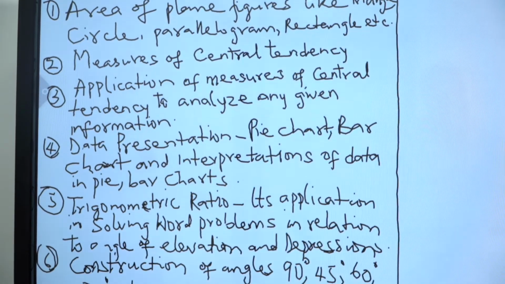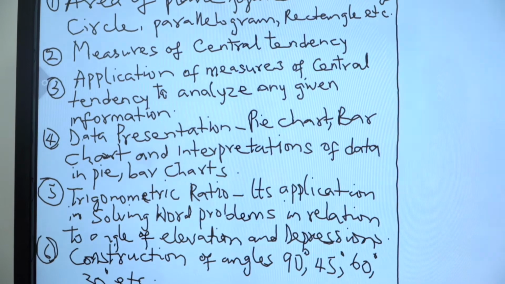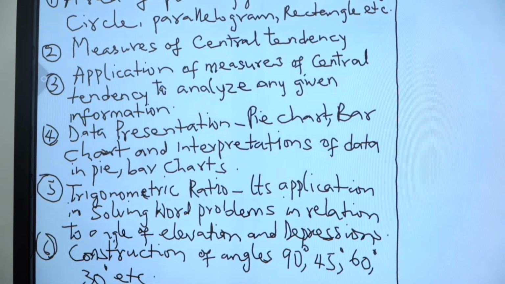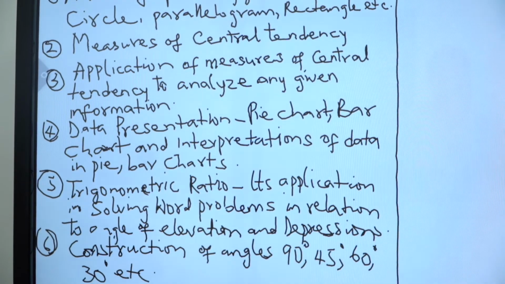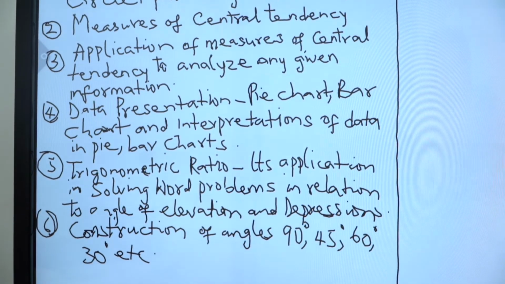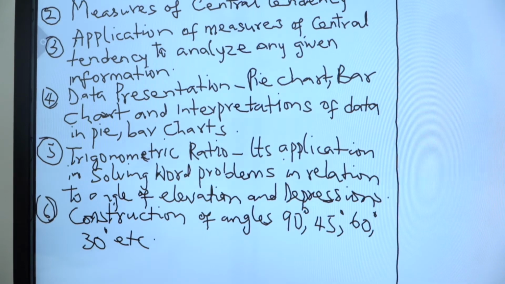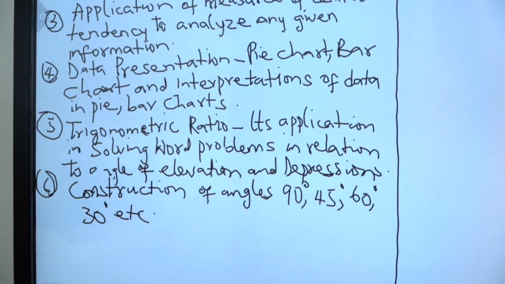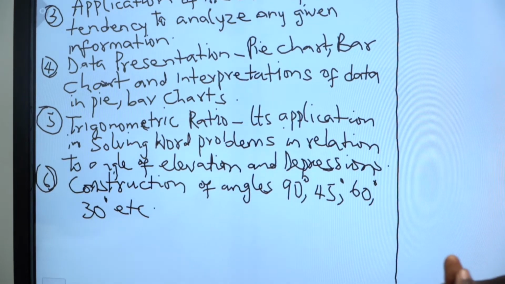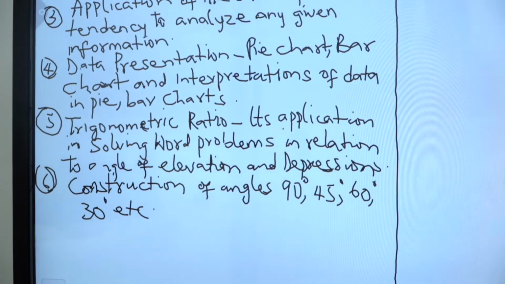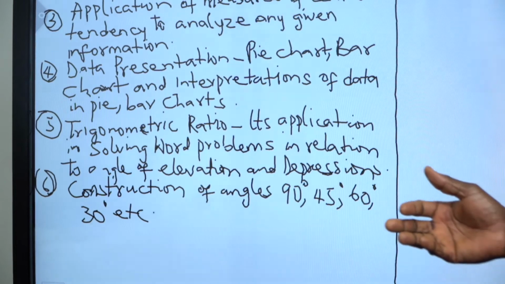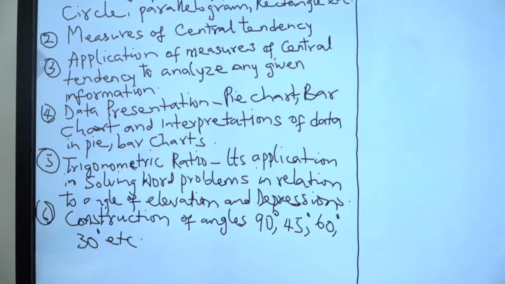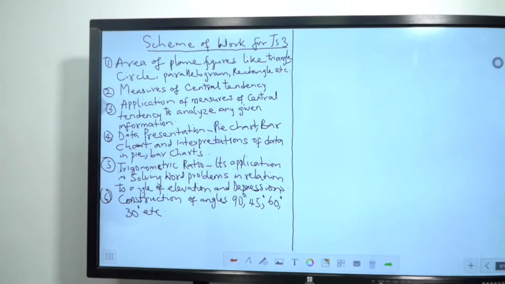The information could be the population of a town. The information could be the population of students. The fifth one is trigonometric ratio and its application in solving word problems in relation to angle of elevation and depression. The last but not the least is the construction of angles like 90 degrees, 45 degrees, 60 degrees, and 30 degrees.